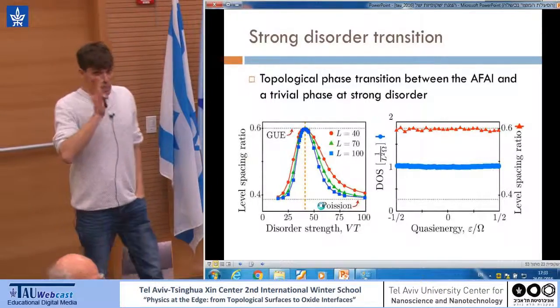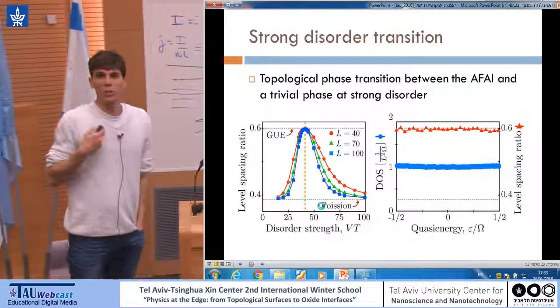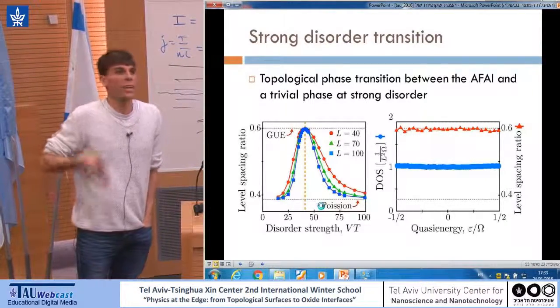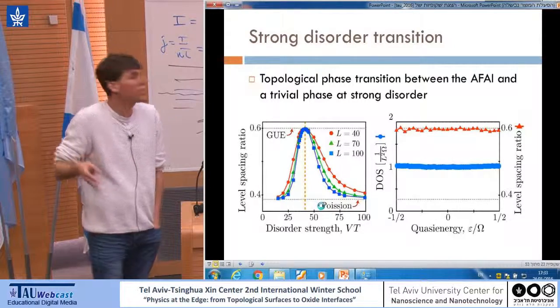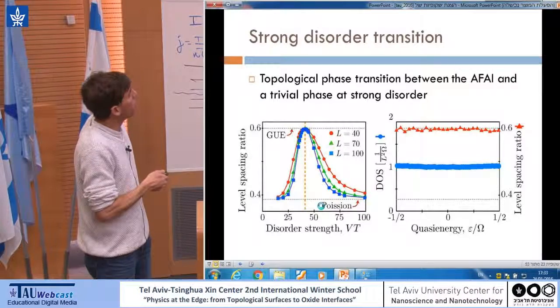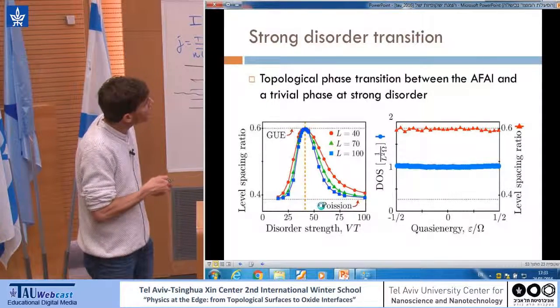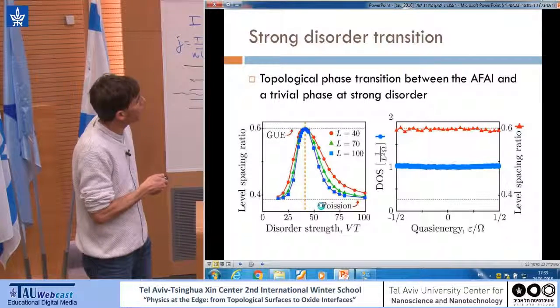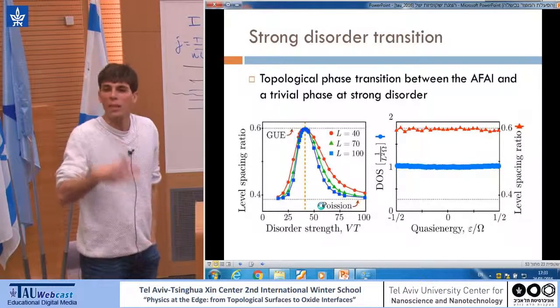And then one more interesting thing about this AFAI phase is that you could ask, okay, this is a fully localized state. Is it really different from just an ordinary fully localized Anderson insulator? And the answer is yes. So here, what we did is we kept increasing the disorder, to very strong disorder strength. This disorder strength is 40 times the hopping amplitude.